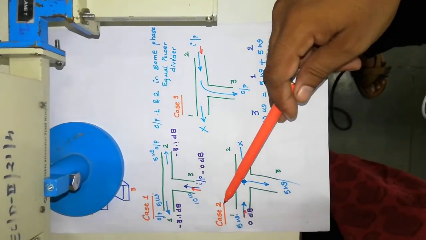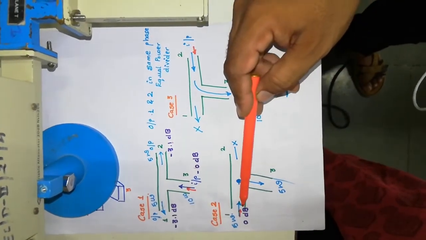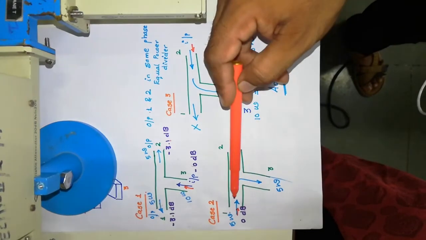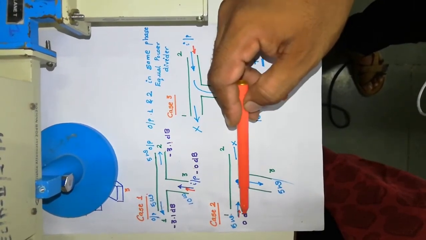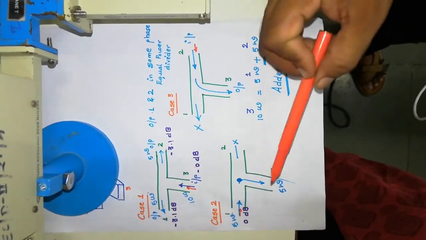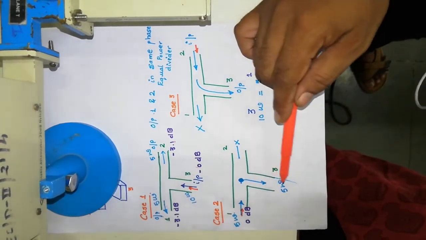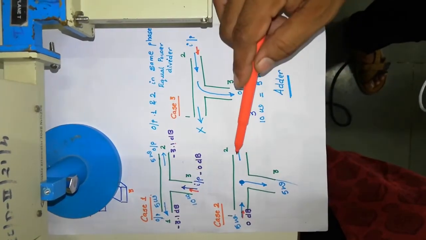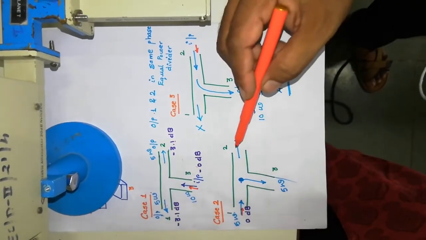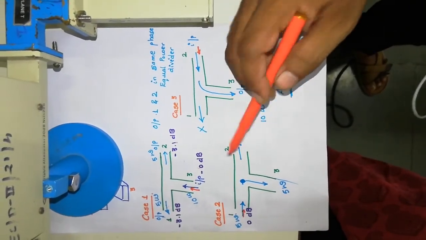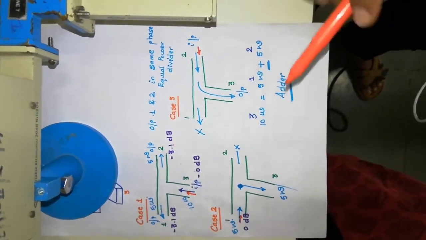Now case number 2, we will feed power at port number 1. Theoretically we should get some power at port 3, and minimum power should be available at port number 2.